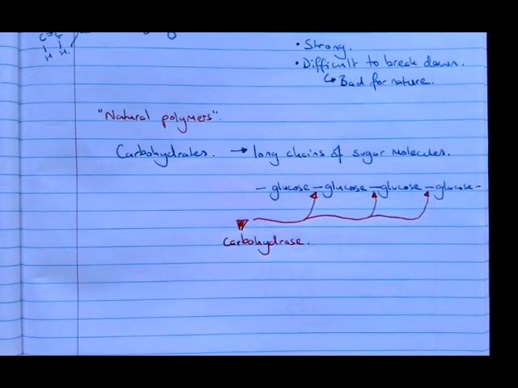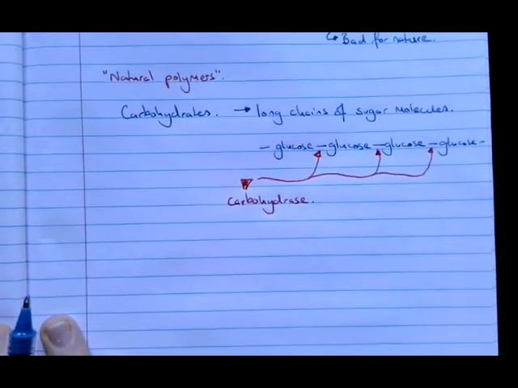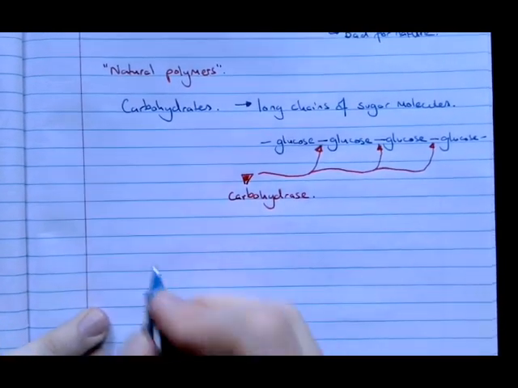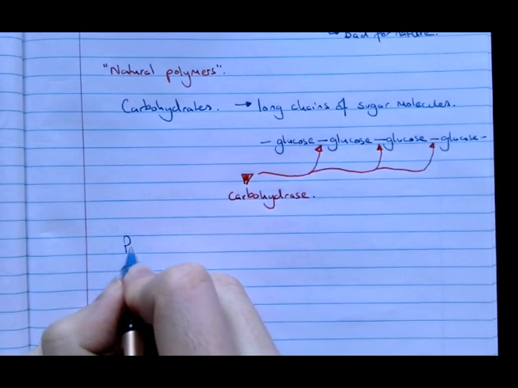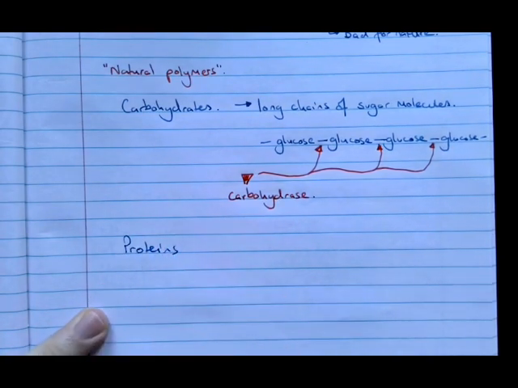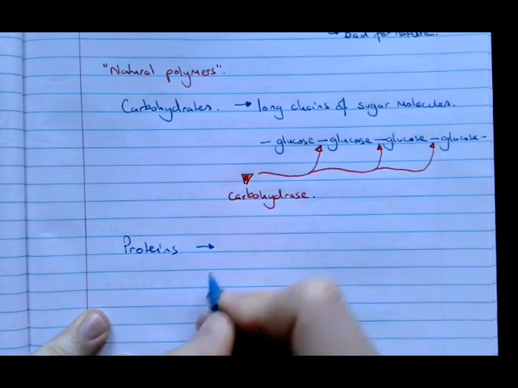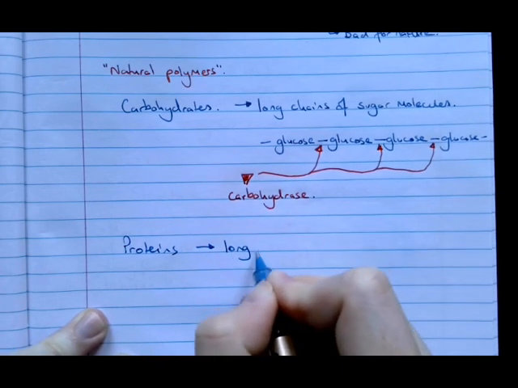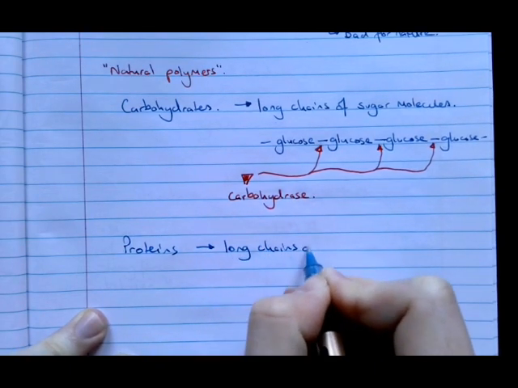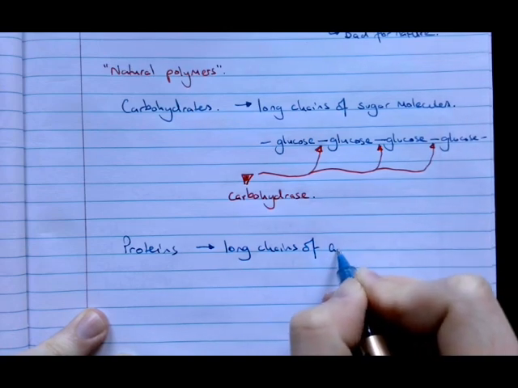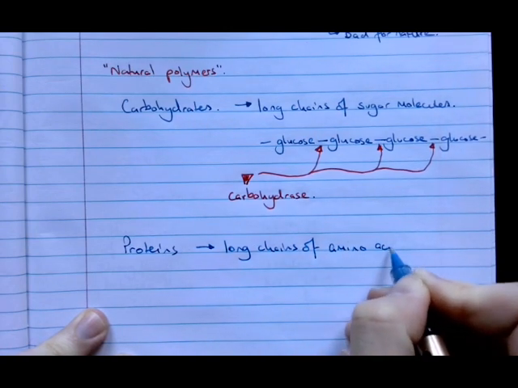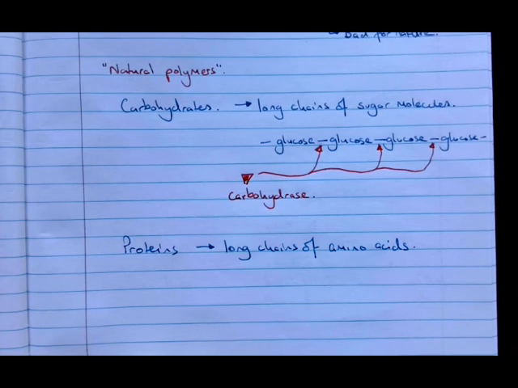Can you think of another natural polymer in the human body? Hopefully you're thinking of proteins. Proteins are long chains of amino acids. And it's the same thing with the amino acids.